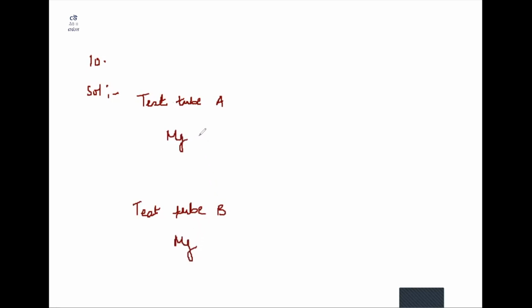Now in case 1, to test tube A we will add some amount of hydrochloric acid, that is HCl, while to test tube B we are going to add some amount of acetic acid.